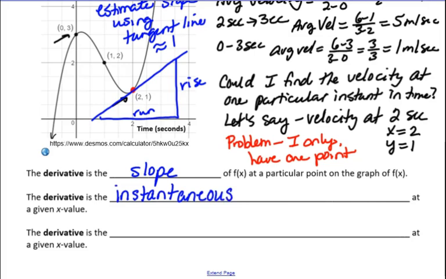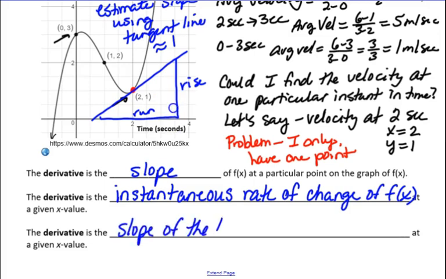Instantaneous rate means rate of change at a particular instant. So it's the instantaneous rate of change of f of x at a certain x value on the graph. We can also say that the derivative is the slope of the line tangent to f of x at a particular x value.